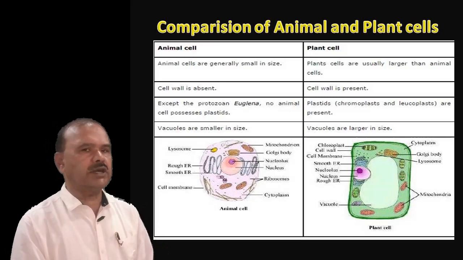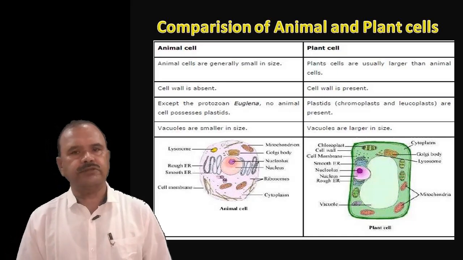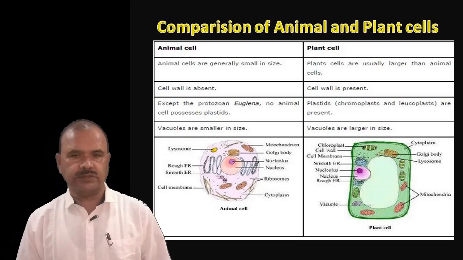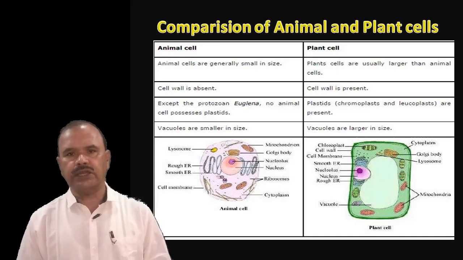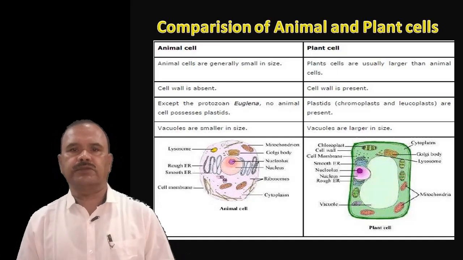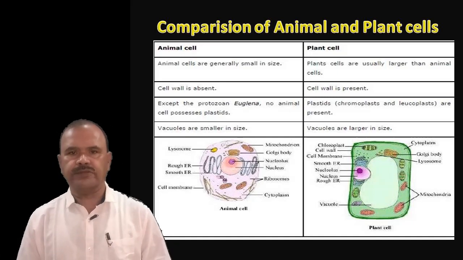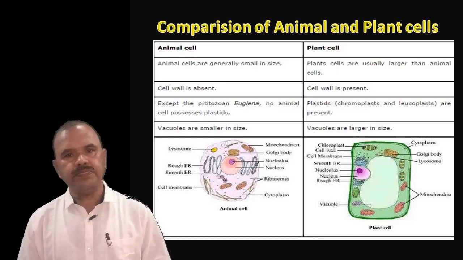So we start from the outside. Every cell has a cell membrane as the outer boundary wall, but in the plant cells, I have told you earlier, there is one additional wall outside the cell membrane which gives additional protection to the cell, and it is the cell wall.